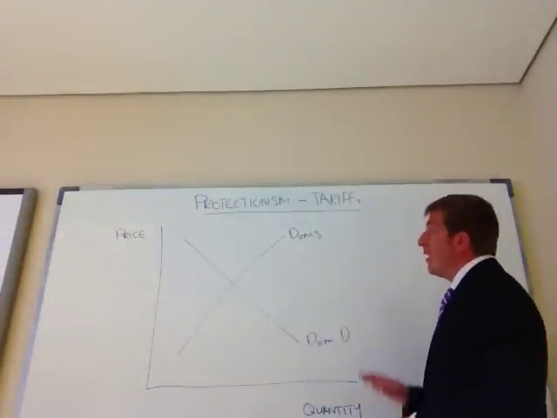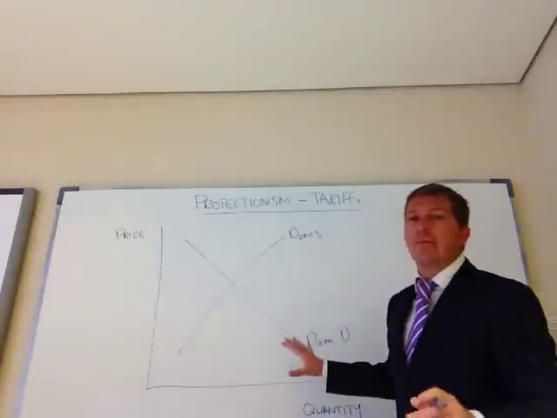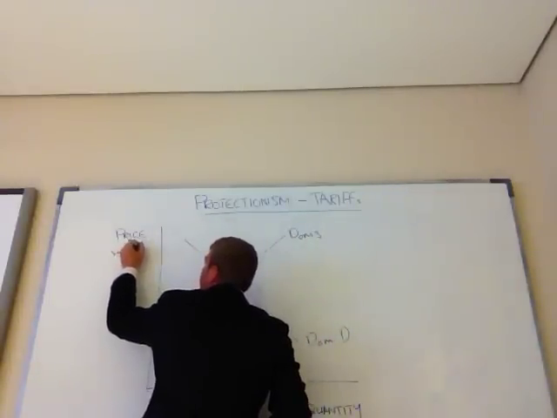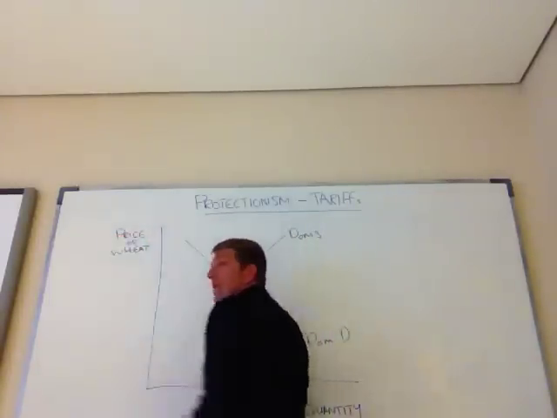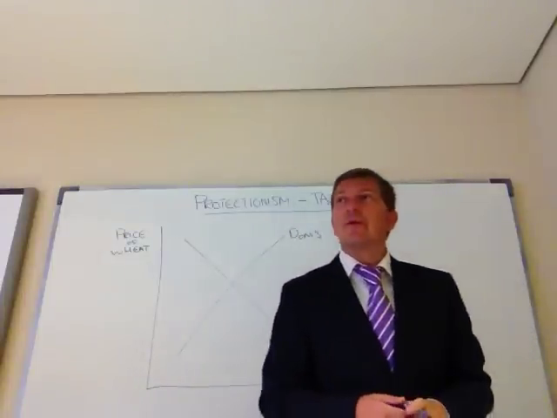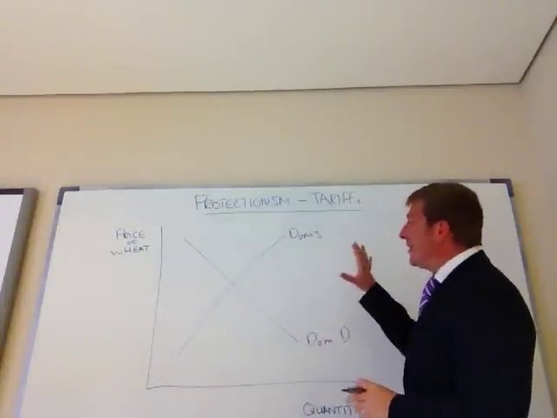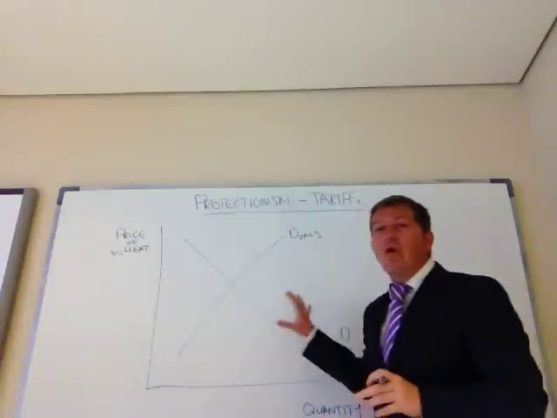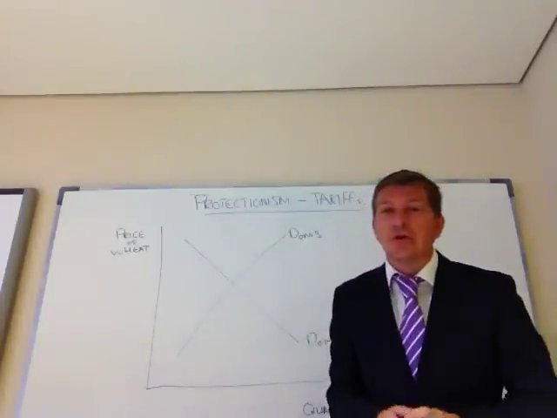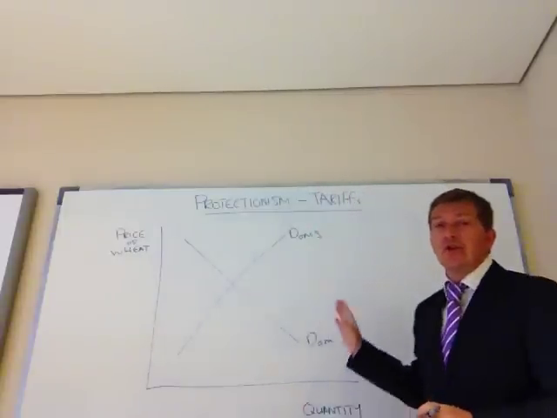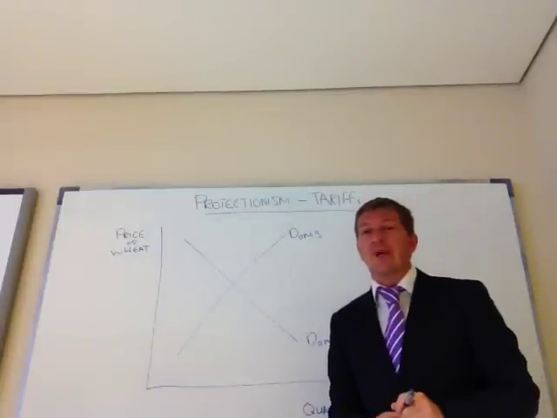Now assume this is a market for something like wheat. This is a commodity product, and as a commodity product, this is a very small part of the production of wheat throughout the entire world. This is just the production of wheat for one country.